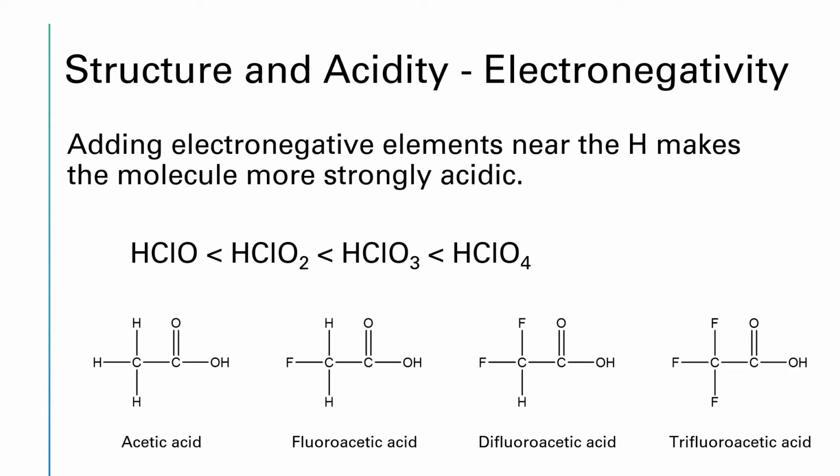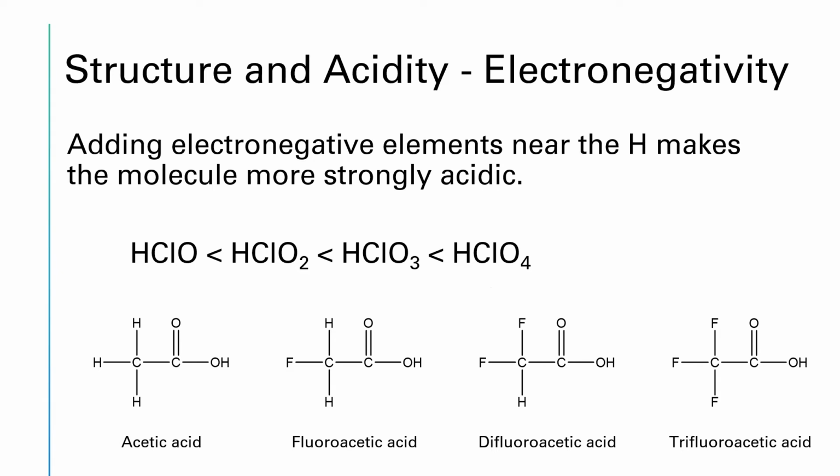The other factor we're going to consider is the electronegativity of atoms that are near the hydrogen in the molecule. So for instance, in the chlorine family of acids, we can compare hypochlorous acid, HClO, with chlorous acid, HClO2, chloric acid, HClO3, and finally perchloric acid, HClO4.